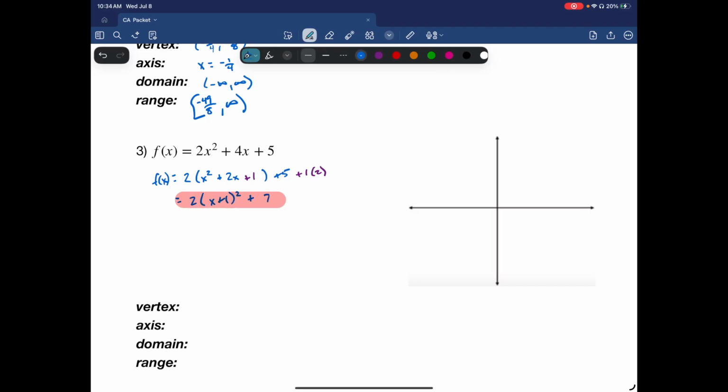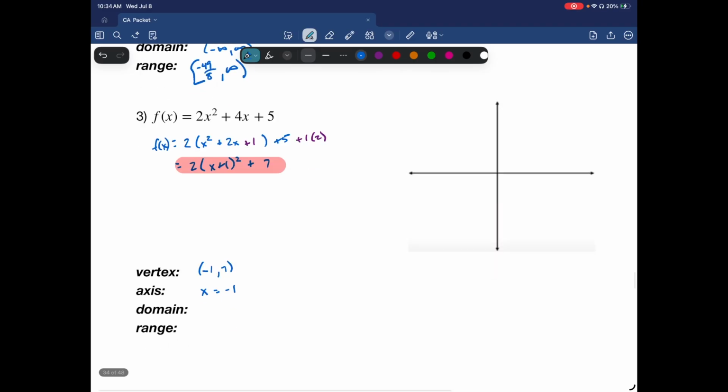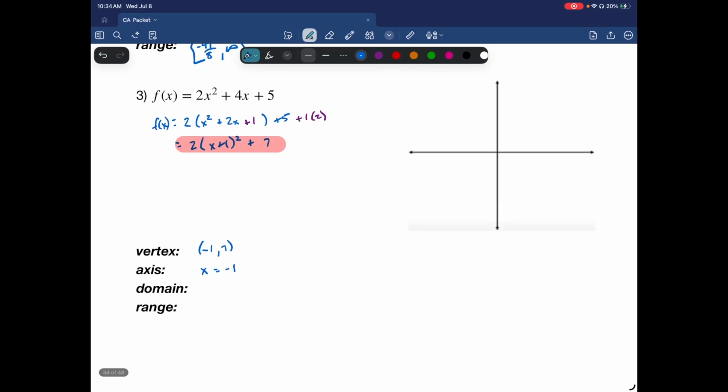Let's see, that's going to be negative 1, 7 for my vertex. My axis is negative 1. My domain is still all real numbers. My range, this time I went up 7, so it's going to be 7 and up.